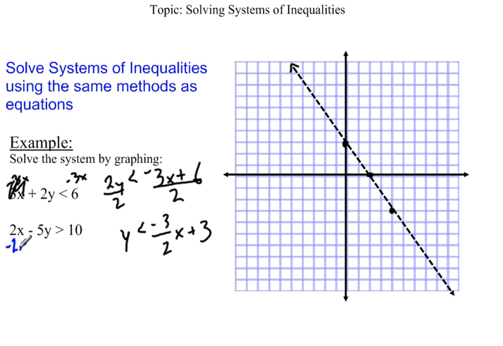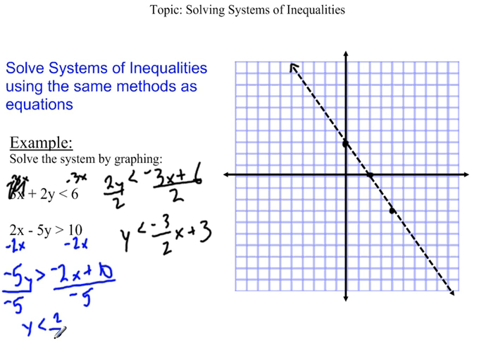I'm going to take 2x away from both sides. And I have negative 5y is greater than negative 2x plus 10. Now, what do I need to remember to do if I'm dividing by negative 5? Let's reverse my inequality symbol anytime I multiply or divide by a negative number. My slope here is 2/5 positive. My y-intercept would be negative 2, 10 divided by negative 5.